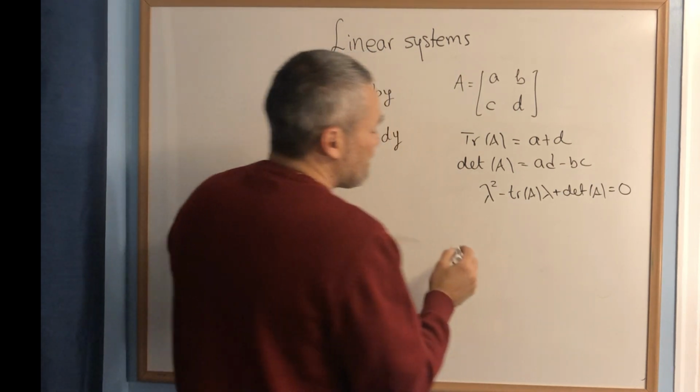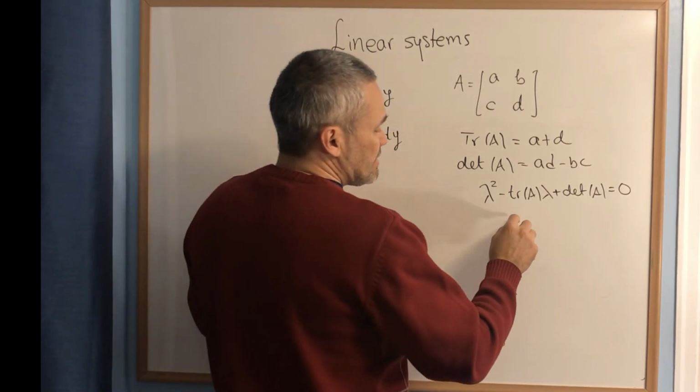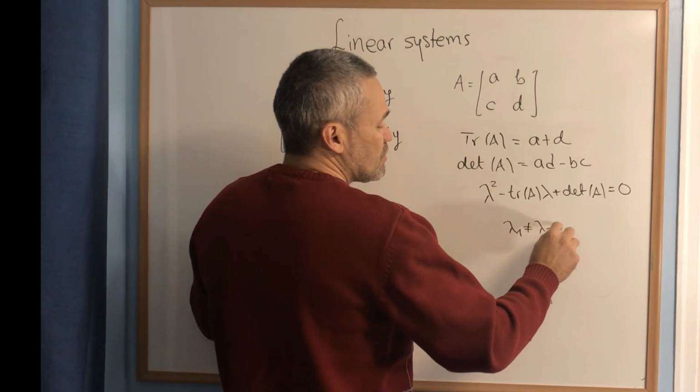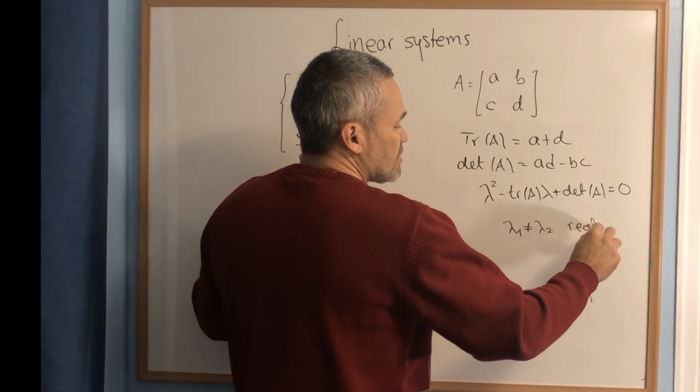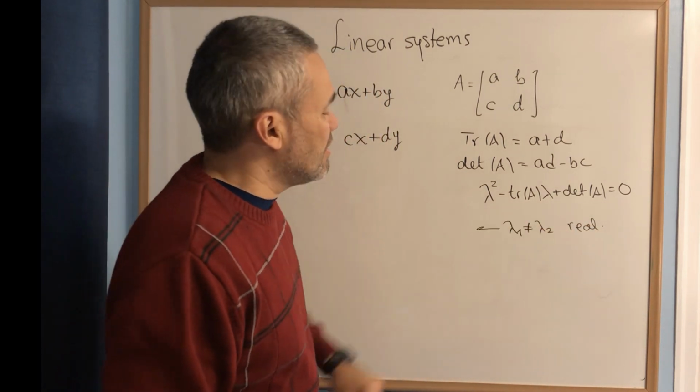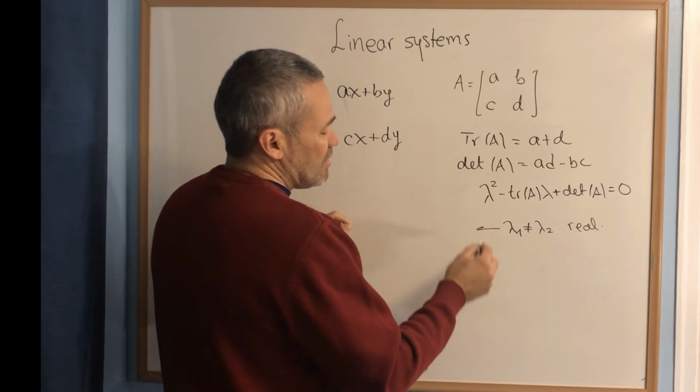We're going to see that there will be three cases. The case in which lambda 1 is different from lambda 2 and they are real numbers. We're going to call this the case of two real eigenvalues.